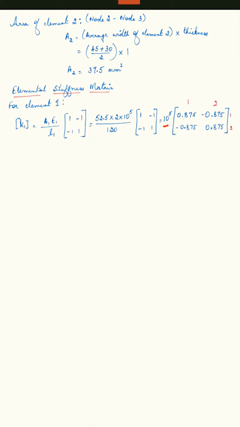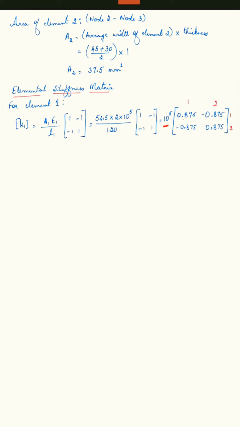So I will remove 10 power 5 from the value that I have just obtained and multiply the remaining value into the matrix: 0.875 minus 0.875 minus 0.875 and 0.875. So this is the elemental stiffness matrix for element 1.